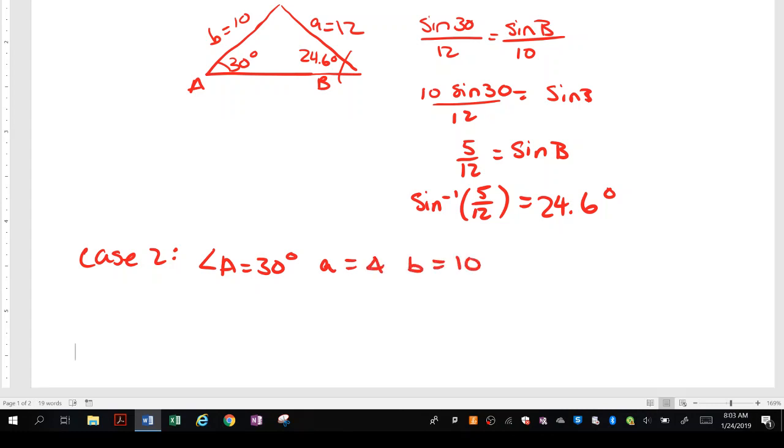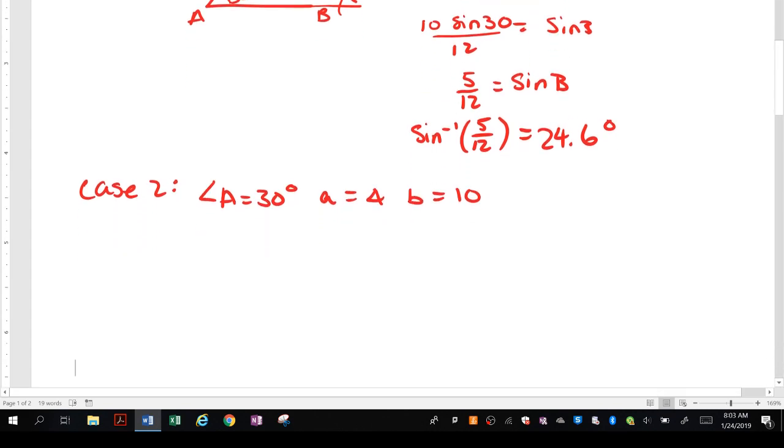You'll notice how small side A is compared to side B. So let's draw our triangle here. This is 30 degrees. This is A, B, C. So side B is equal to 10. Side A is equal to 4. That's very small. Now let's see if an angle here exists so that these two lines can touch to form a triangle.